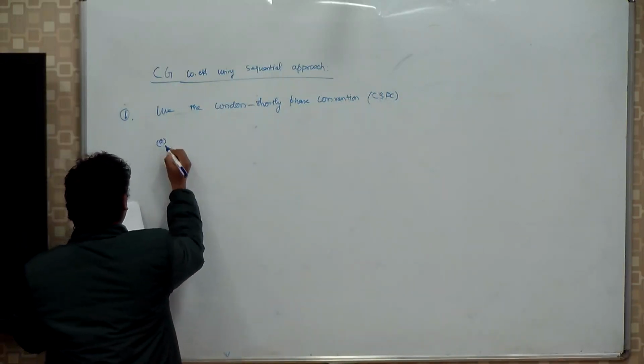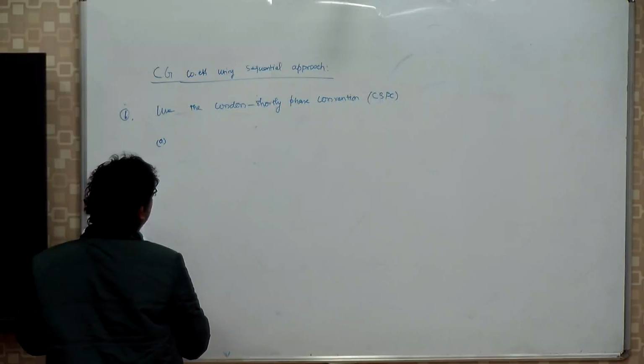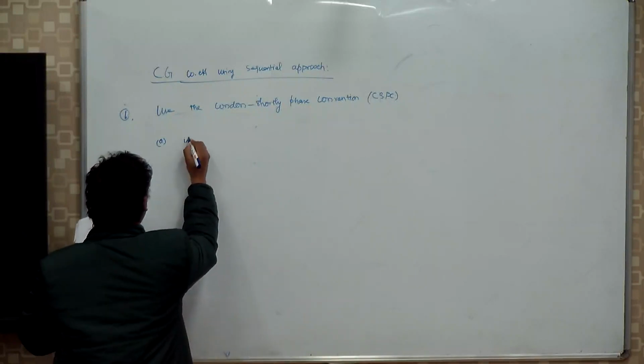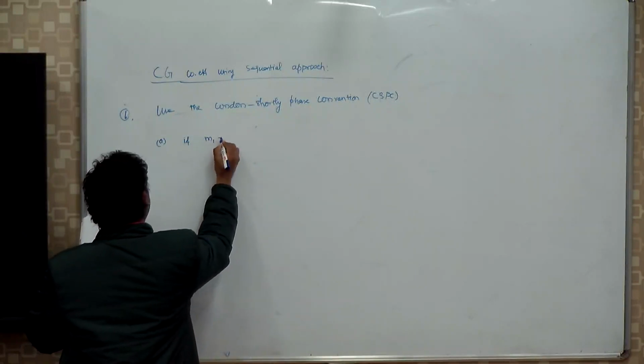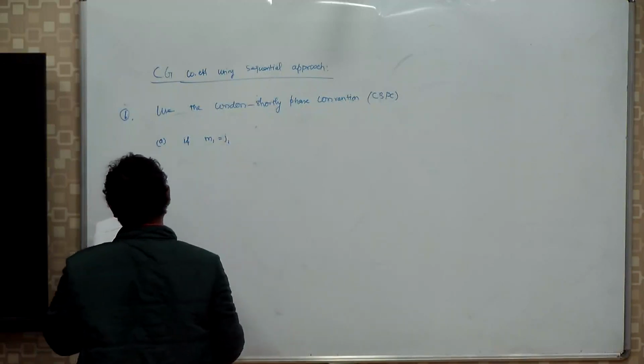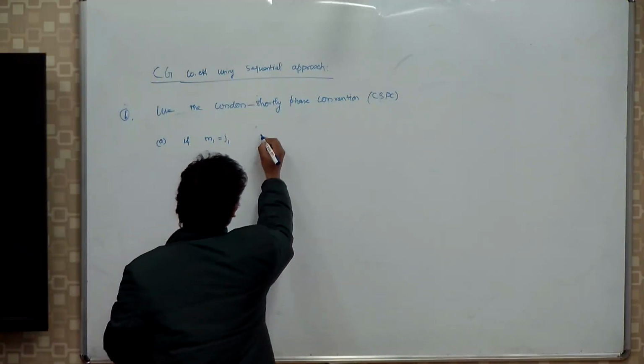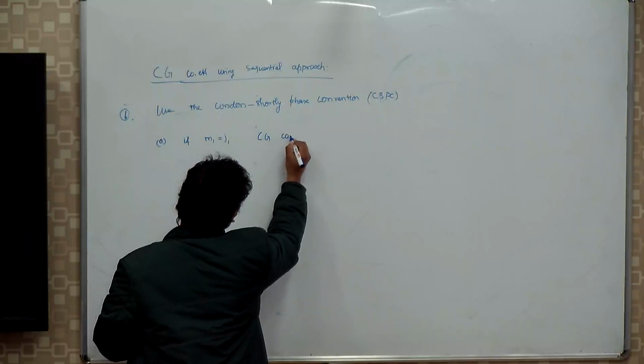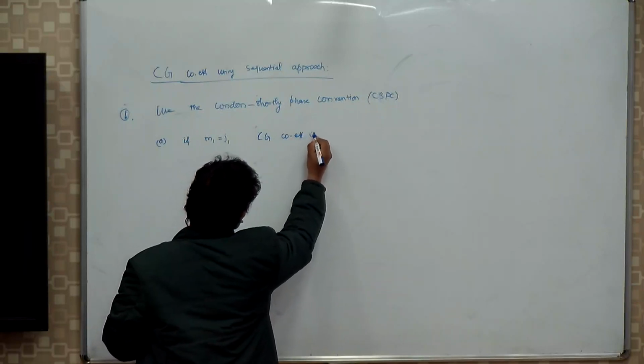So the first point under the Condon-Shortley phase convention: if the value of m1 is equal to j1, then the CG coefficient is positive.